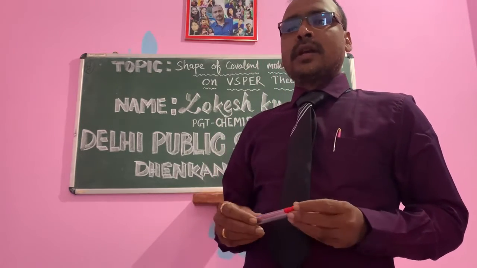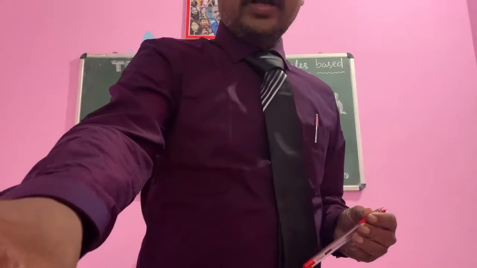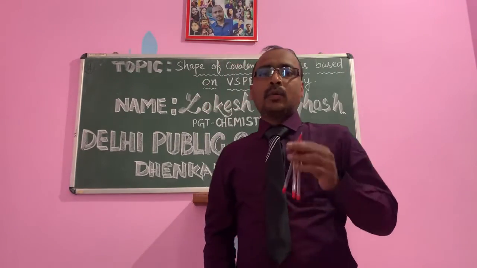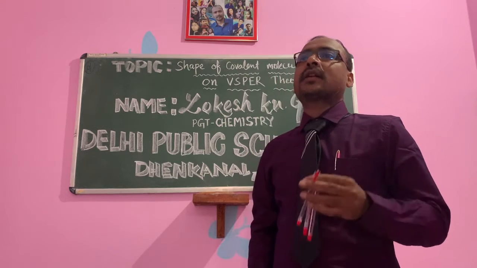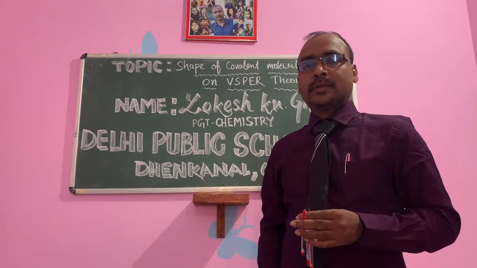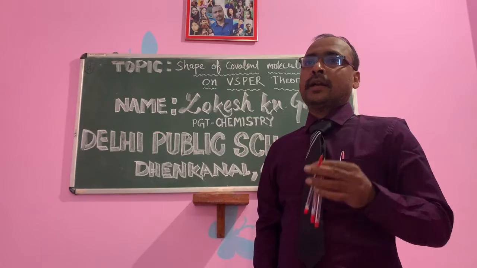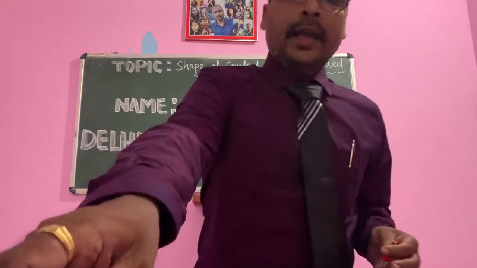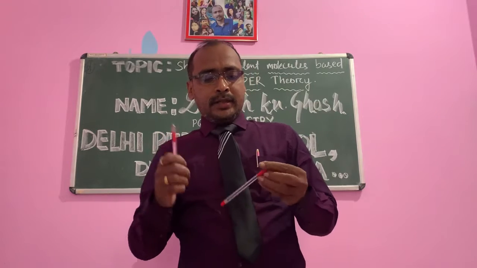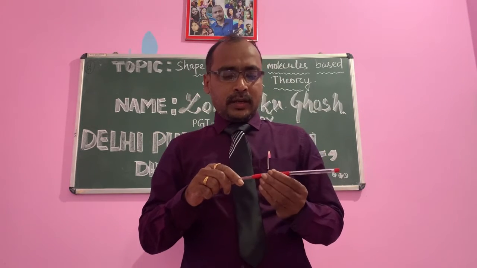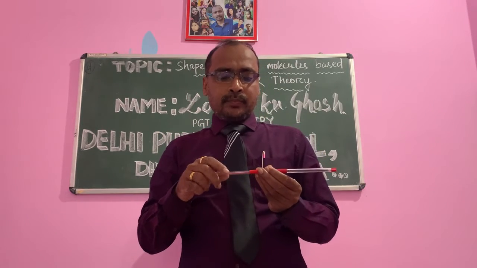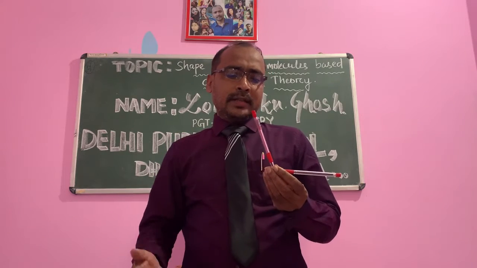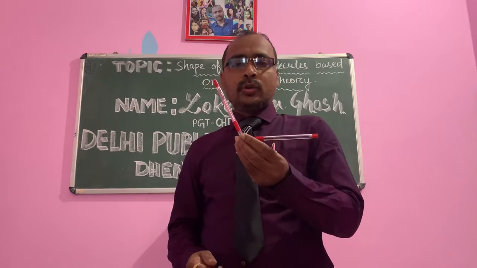Okay, so the first type, AB2, where A is the central atom and B is the atoms around the central atom. The spatial arrangement takes place at maximum distance and minimum repulsion. We can give the shape of the molecule like this also.